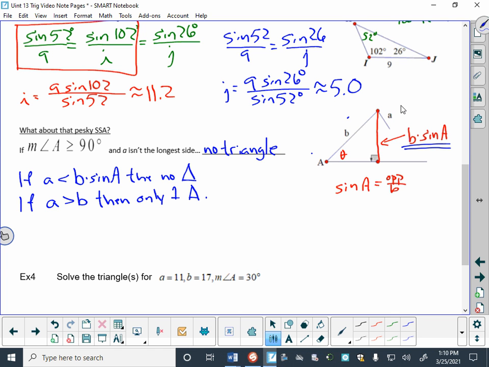And so we can barge right into the law of sines and go crazy with it there. If it's not, if A is somewhere between B sine A and B, so if A is stuck between B sine A and B, then there are two possible triangles.